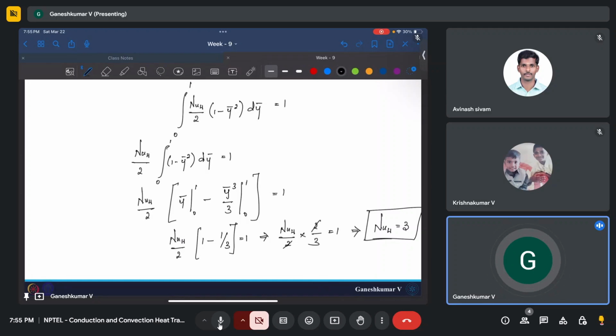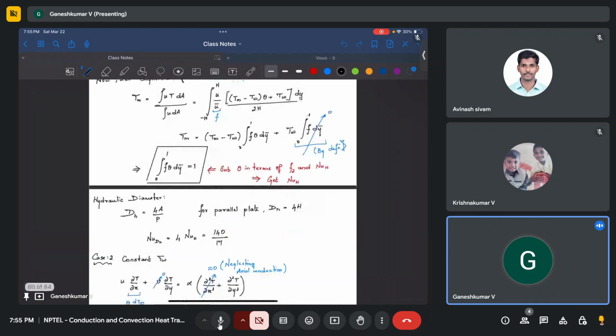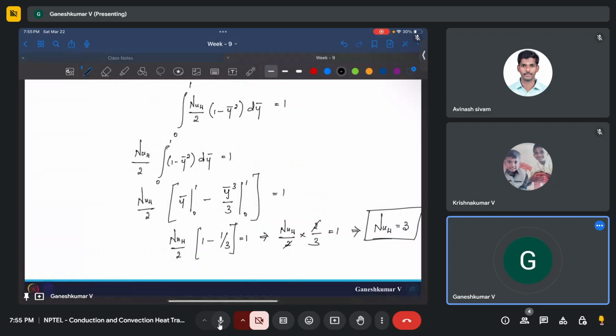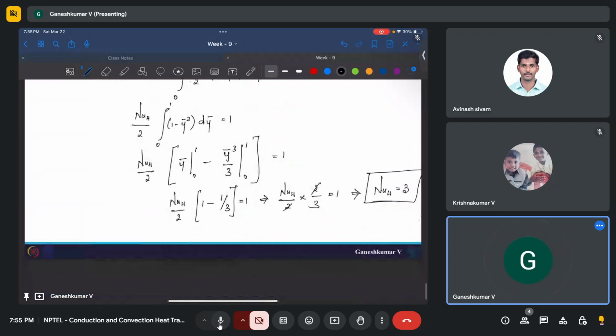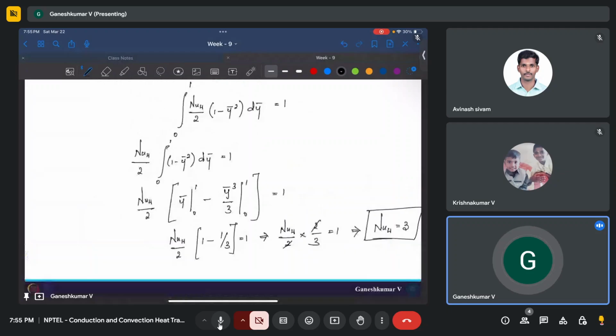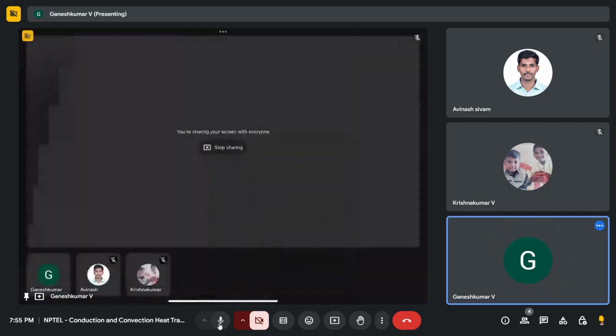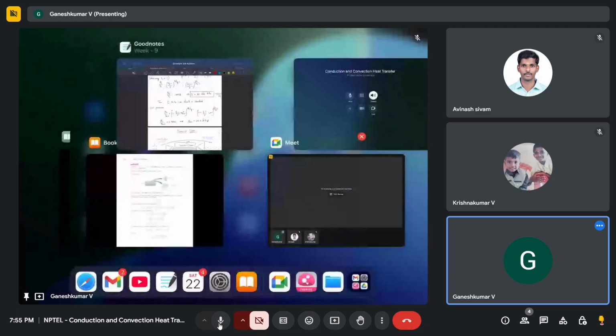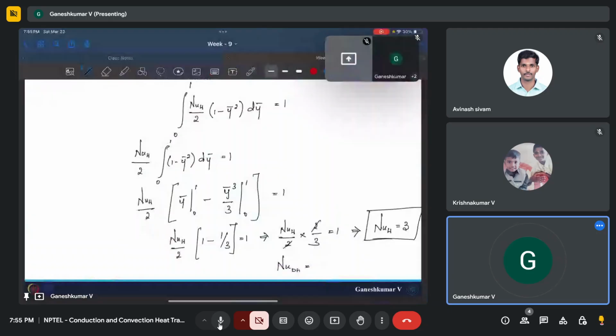I think we also define hydraulic diameter. Hydraulic diameter is 4 times h, so the Nusselt number based on hydraulic diameter, Nu_Dh, is simply 4 times Nu_h, which is going to be 12.